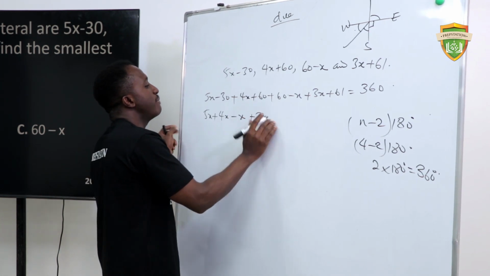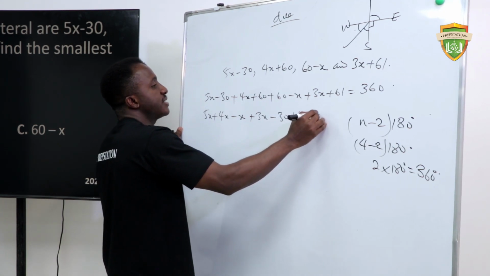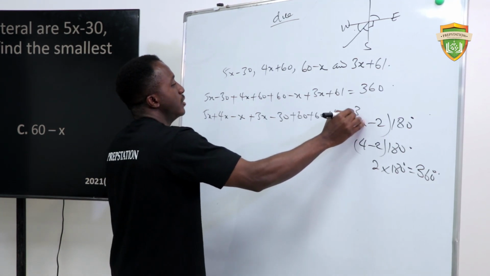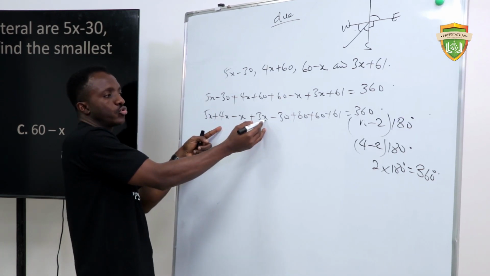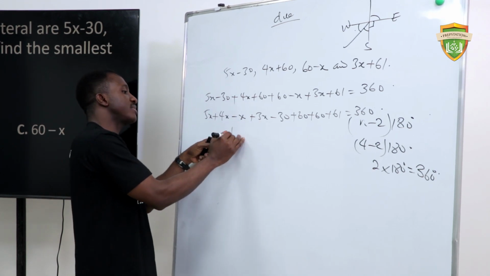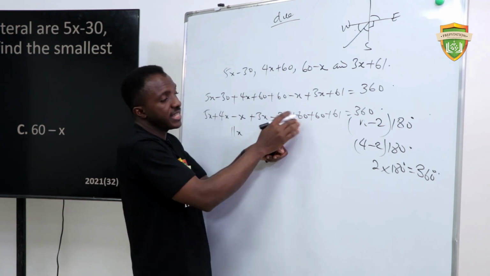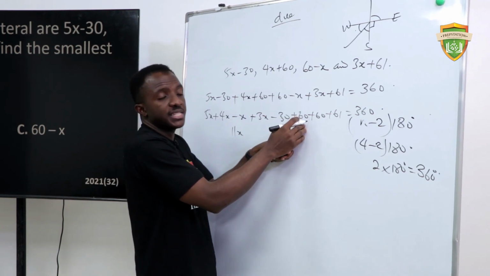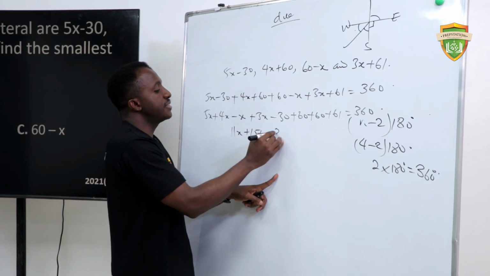And then we have minus 30, plus 60, another 60, and 61, which should be 360. Now look at this. 9x minus 1x is 8x. 8x plus 3x is 11x. Now minus 30 plus 60, you're left with 30. So this is 90, 151 equals 360.